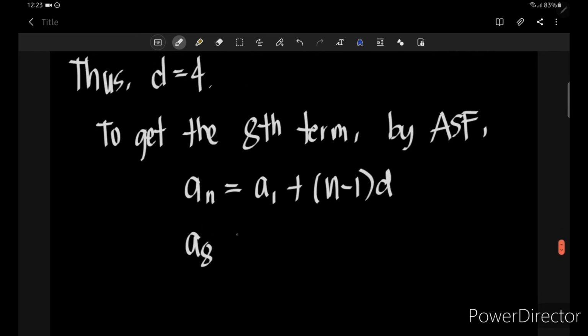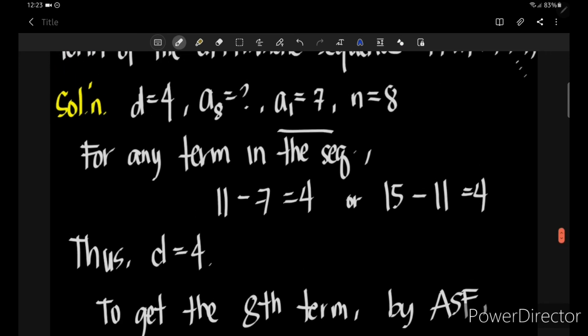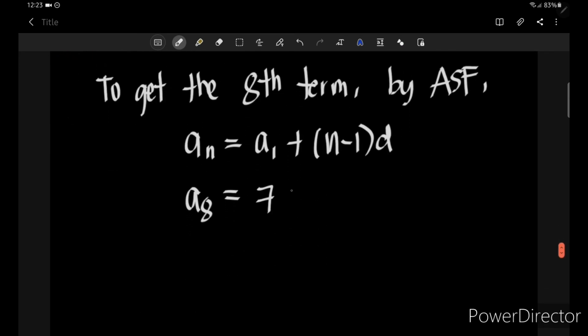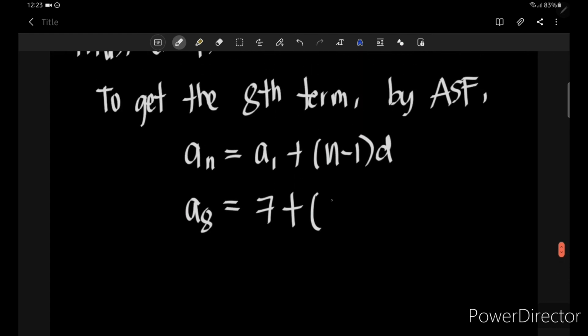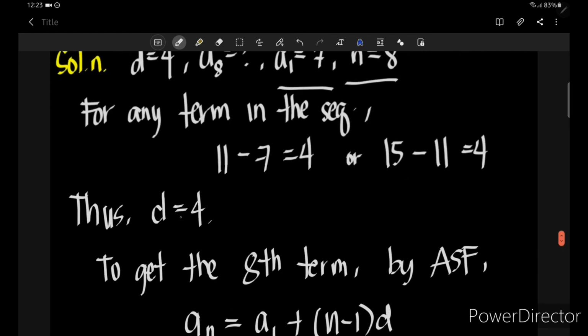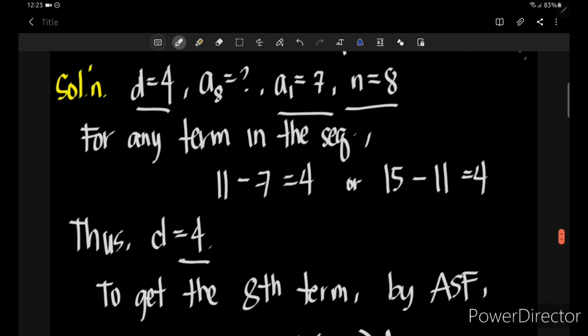That is a sub 8 equal a sub 1 is 7. That is 7 plus n is equal to 8. So, meron tayo dito 8 minus 1 times d. And d natin ay 4. And d is equal to 4.